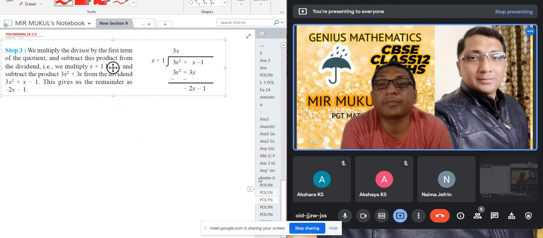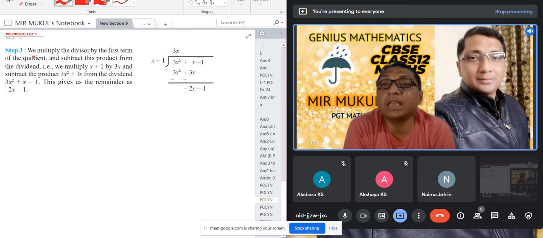Now next, step 3: we multiply the divisor by the first term of the quotient and subtract this product from the dividend. We multiply x plus 1 by 3x and subtract the product 3x square plus 3x from the dividend 3x square plus x minus 1. This gives the remainder as minus 2x minus 1.